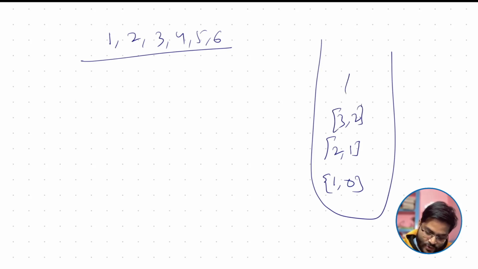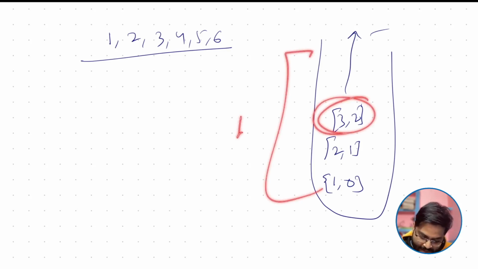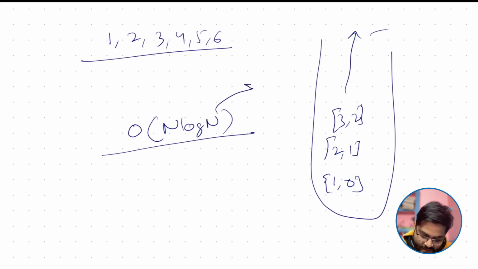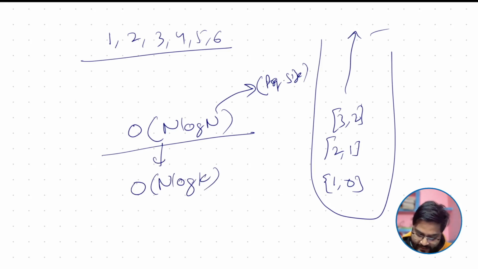So we need to search in a heap of size n. At worst it can take order of n log n, where n is the priority queue size. Usually we write it as n log k, because every time my priority queue size is different.